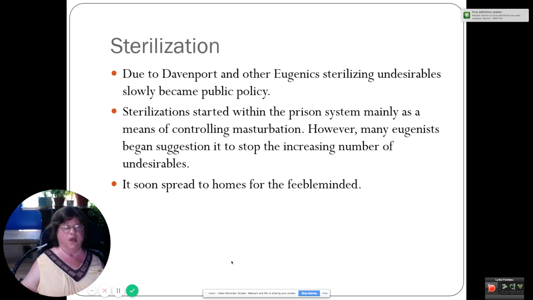So there was this kind of weird linking based on anecdotal observation. So many eugenicists began suggesting that it would stop the number of undesirables if you sterilized those that were masturbating. And it soon spread from prison systems to homes for the feeble-minded or institutional care.